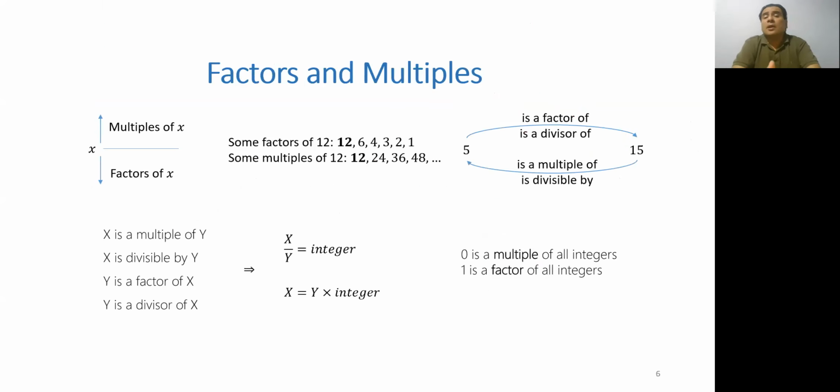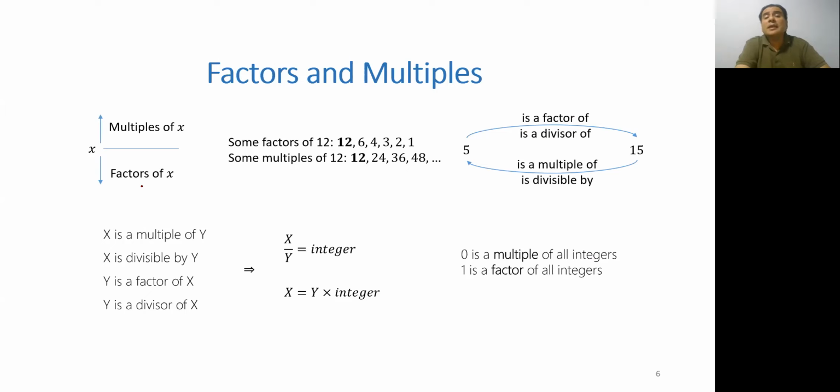Let's discuss the concept now of factors and multiples. Okay, factors and multiples is a concept that only applies to integers. What does a factor of an integer mean? A factor of an integer is a number by which an integer can be divided evenly.